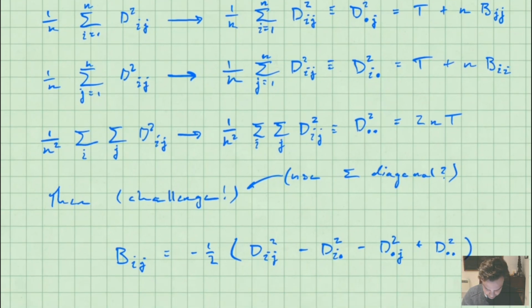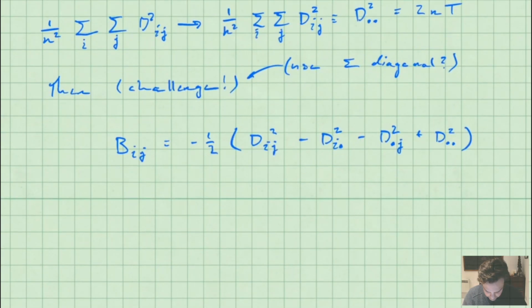And now why do I care about this? Because the whole point is, our scheme is to do the following. So we go D to B, and then we compute X, right? And so we just need some explicit rules for how to do it.